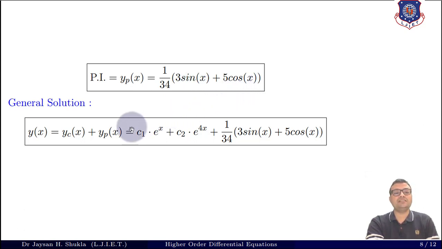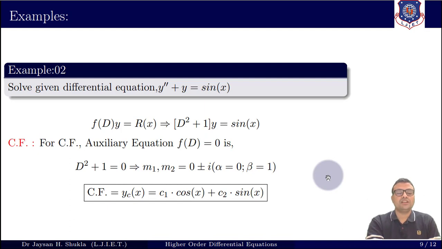Finally, by combining this yc and yp, my general solution would be c1 e raised to x plus c2 e raised to 4x plus 1 by 34, 3 sin x plus 5 cos x. This is how you can find the general solution in case of particular integral where it is depending on sine and cos. Let us go through the second example.